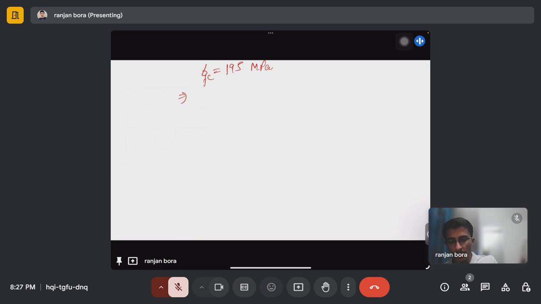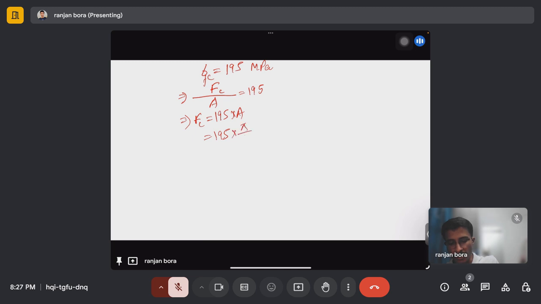Sigma FC will be F by area, F in compression. This is FC we need to find out. The question is asking what will be the FC, meaning the load in compression such that the bone fails by compression.